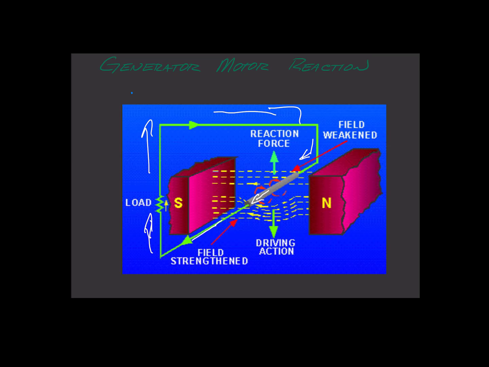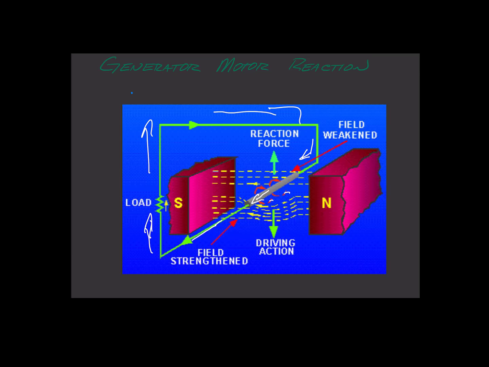As this current flows through the armature, as we've already seen with armature reaction, it creates a little magnetic field. It's shown in red here, and the magnetic field will fight against our main field. And the more current that flows through here, the stronger the field around the armature will be, the more it will fight. So what's the implication for the generator?